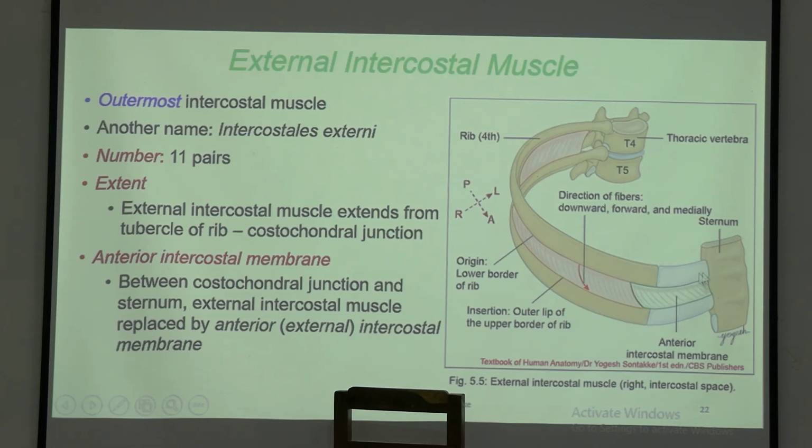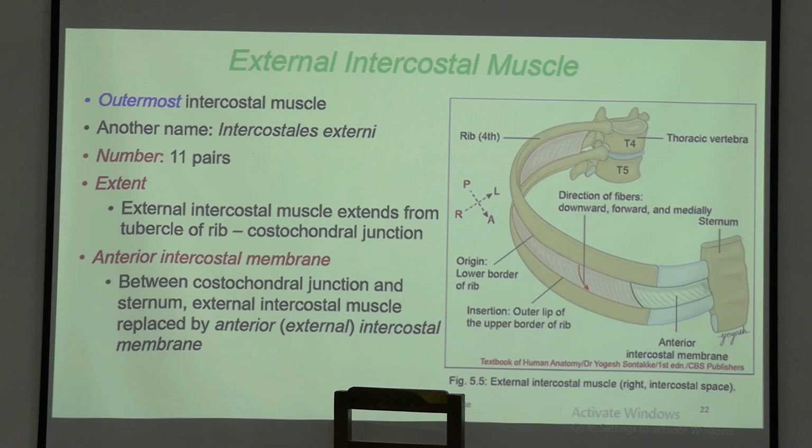and near this, this is the rib and this is the costal cartilage. So this is called the costochondral junction.